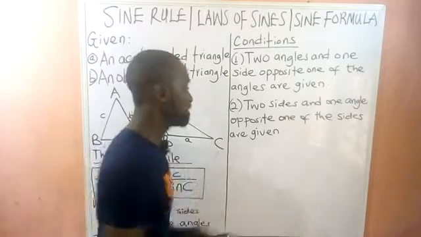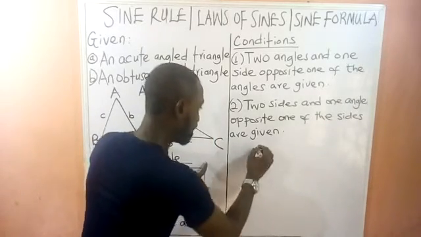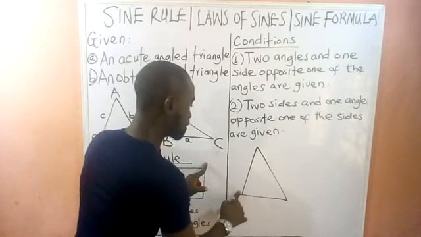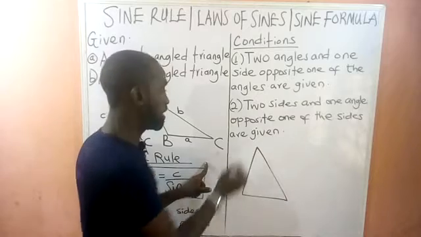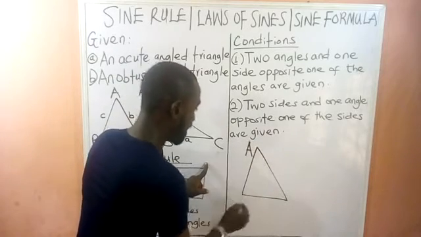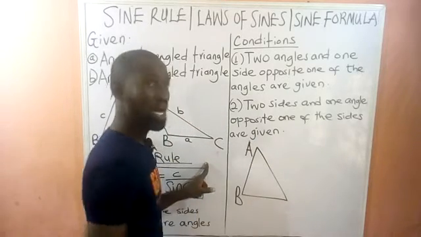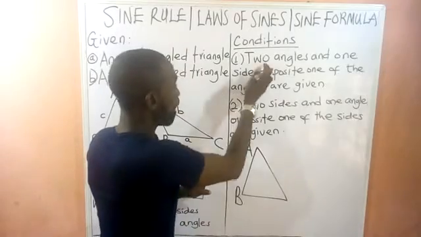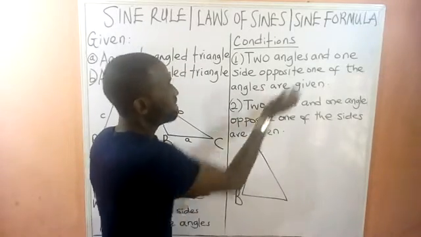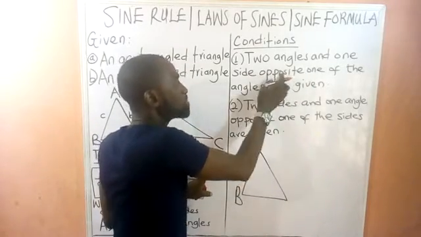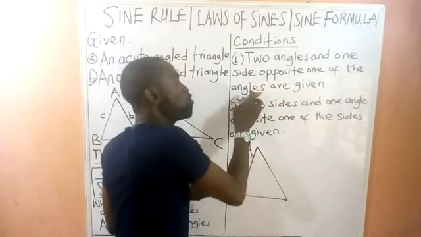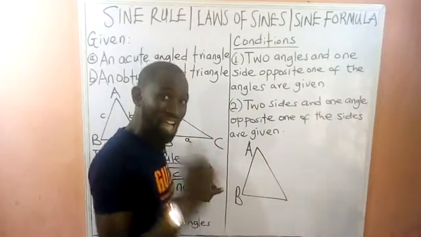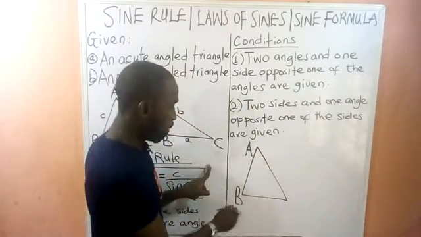Let me explain this. Meaning, if I have this, this is an acute angle triangle. That doesn't mean I'm giving A here and B here. Now, this is 2 angles, angle A, angle B, and one side opposite one of the angles is given, meaning the side that we must be given must be here.